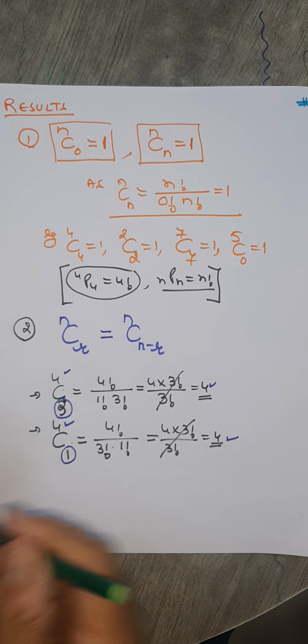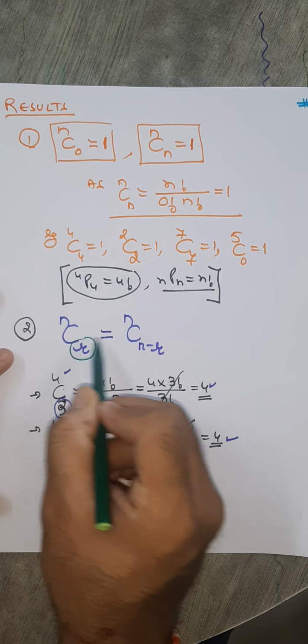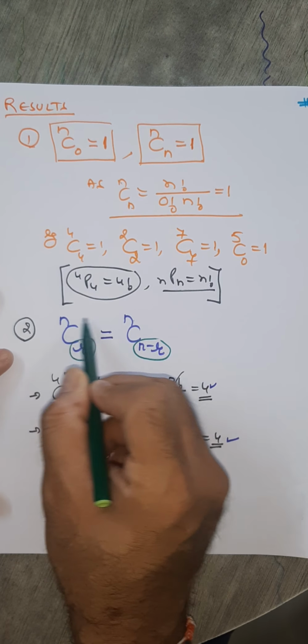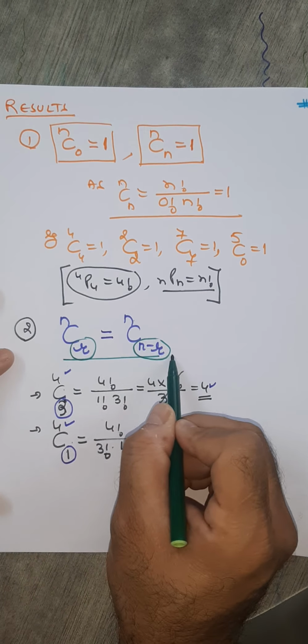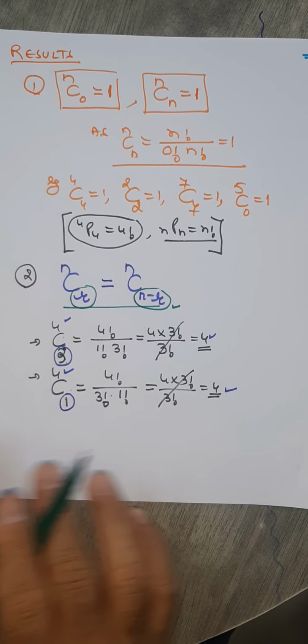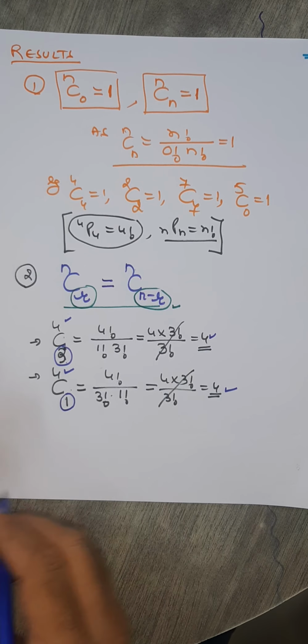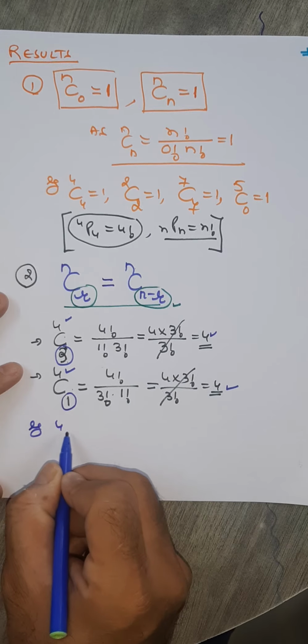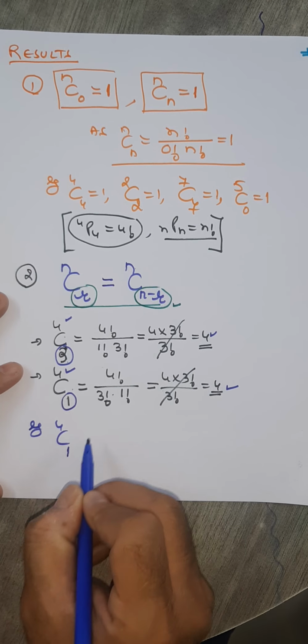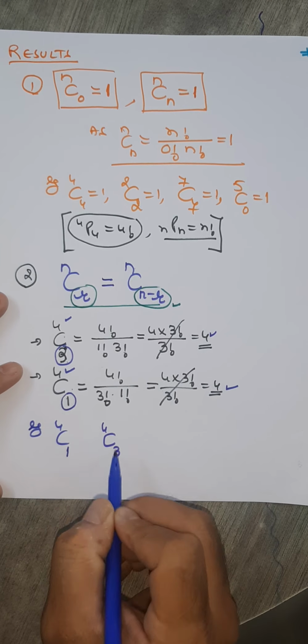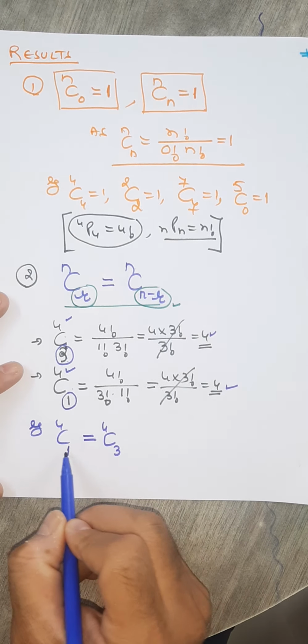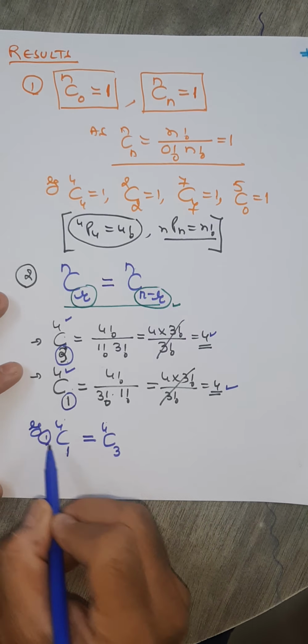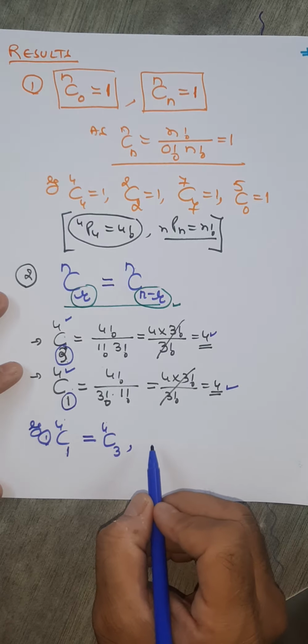You take the summation of these two, and the upper number comes. Then the values are always equal. Like this, if I write as an example 4C1 and 4C3, these two will be equal because the summation of the two is the upper number. You can just verify. That's what this result says.